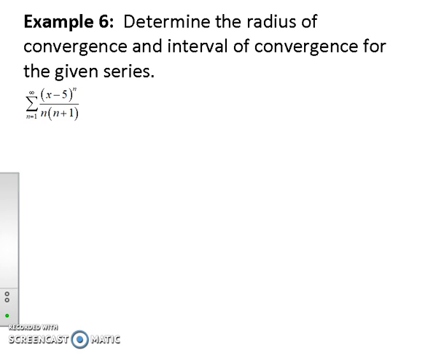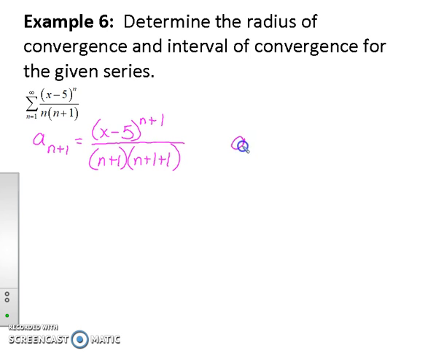So I'm going to begin by figuring out what my a sub n plus 1th term would be. And so that would be (x minus 5) to the n plus 1 over n plus 1 times n plus 1 plus 1, so that would be n plus 2. And then a sub n is just my formula that is inside my sigma notation there.